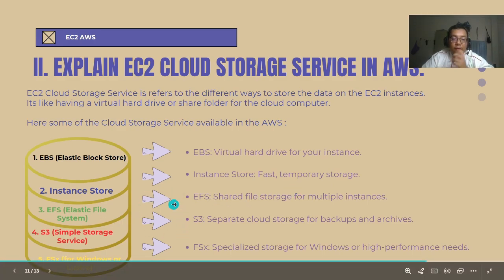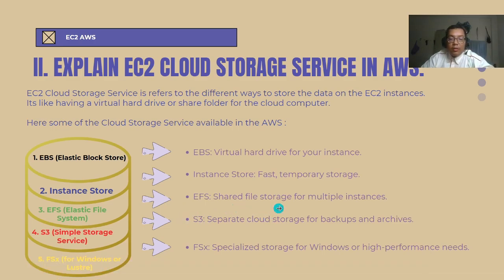EFS, Elastic File System, is shared file storage for multiple instances. Many instances can access the same file. And then S3, Simple Storage Service. It's separate cloud storage for backup and archive. It's a cloud storage that can separate all the data and you can back it up.